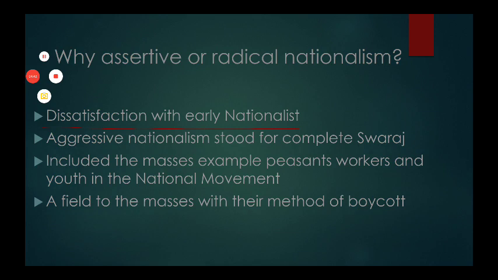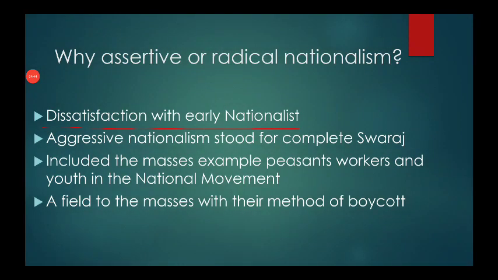The next one: they included the masses. The reason for the failure of early nationalists was they were not able to reach maximum people. But here, these people included the masses like peasants, workers, and the youth. Why? Because peasants, workers, and youth were the ones who were betrayed the most by the Britishers.